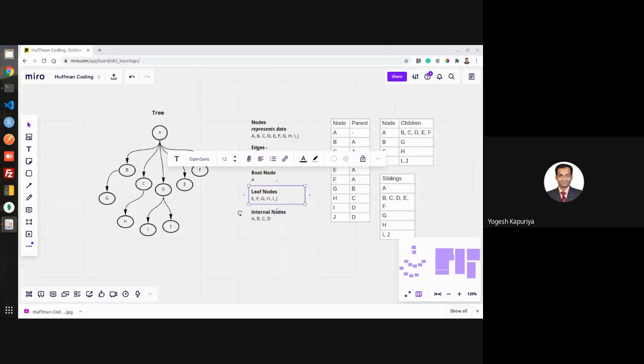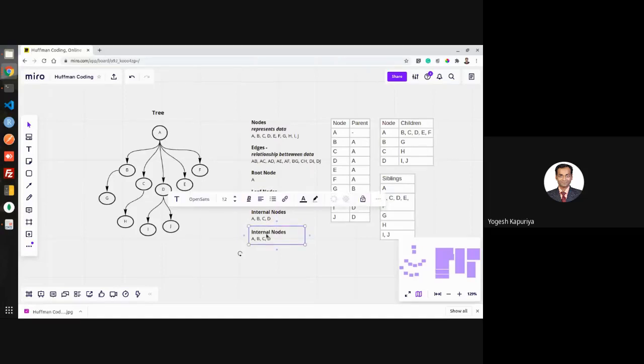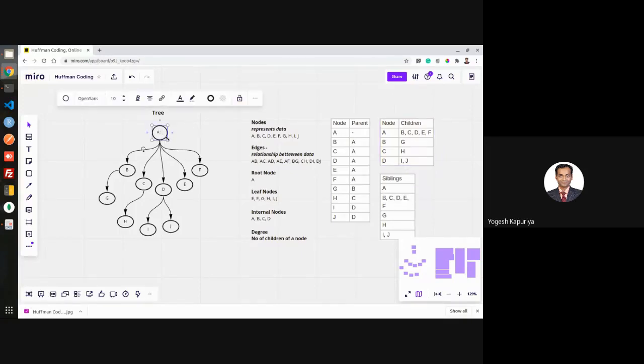Then you have something called a degree. Now what is the meaning of degree? First thing, degree is of a node. That means the number of children of a specific node. That is called a degree. So if you see this tree, then degree of A is 5.